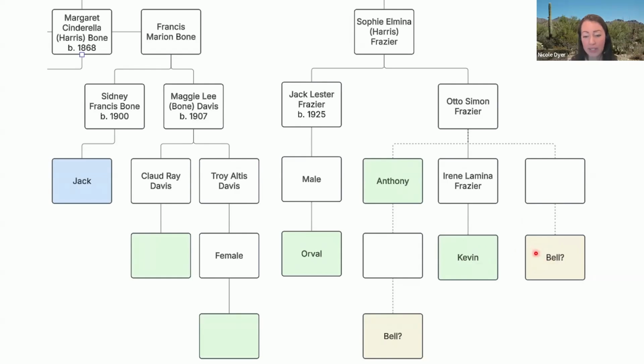So if I had to put her in the diagram, I'd probably put her here. And ultimately, it's not super important for my research question because my research question is 2 generations further back, but I am happy to know that Belle probably belongs here because I can then use her in finding more matches and looking at her shared matches list and understand kind of where she belongs in the tree.